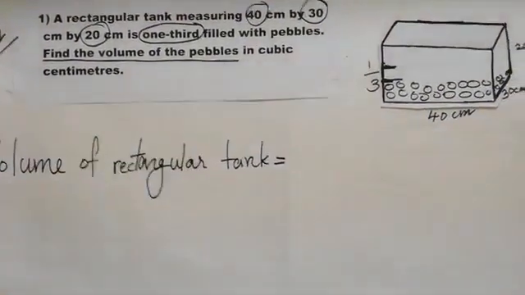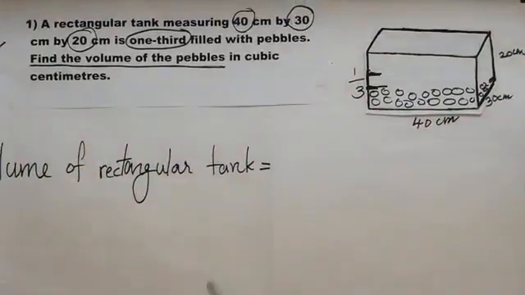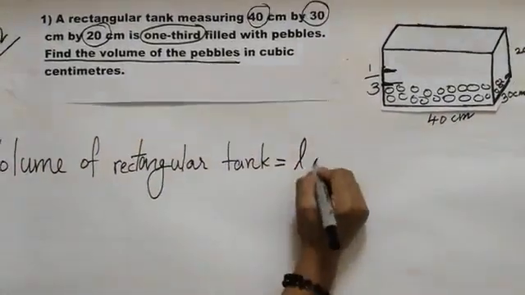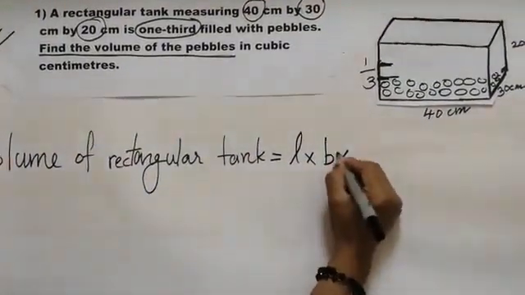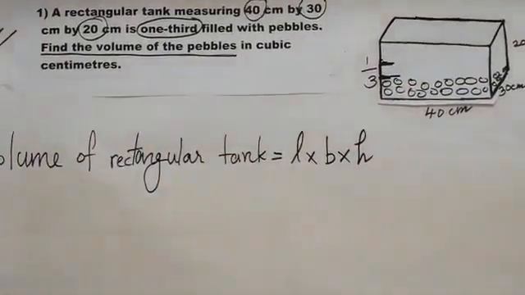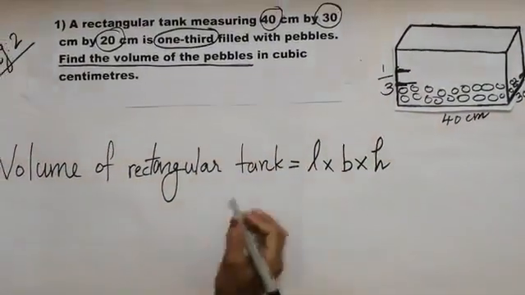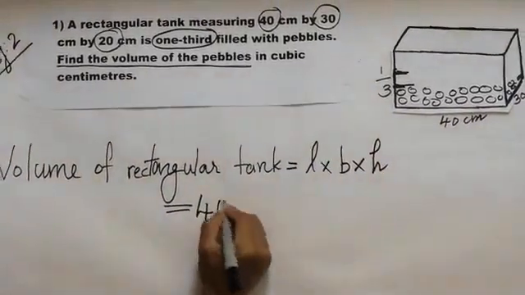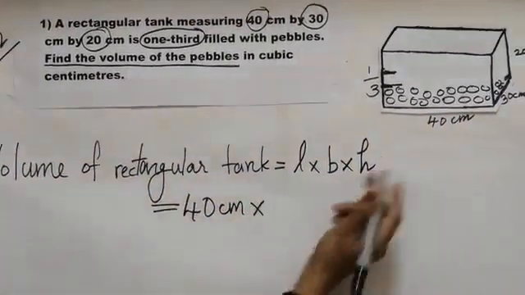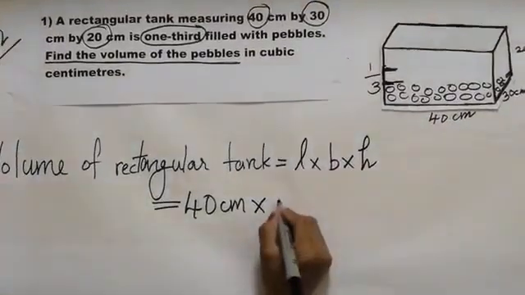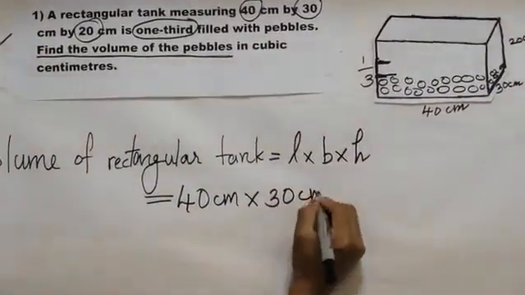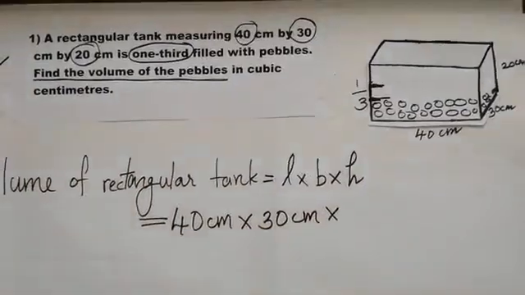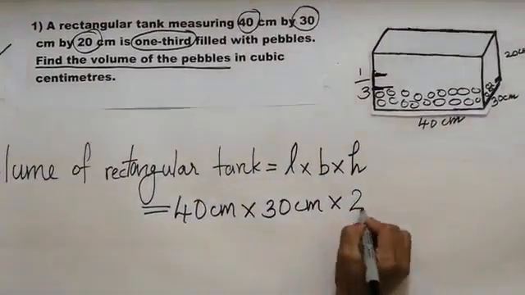What is the equation to find out the volume of cuboid? That is L multiplied by B multiplied by H. L stands for length. So 40 centimeter. Breadth is equal to 30 centimeter. And height is equal to 20 centimeter.